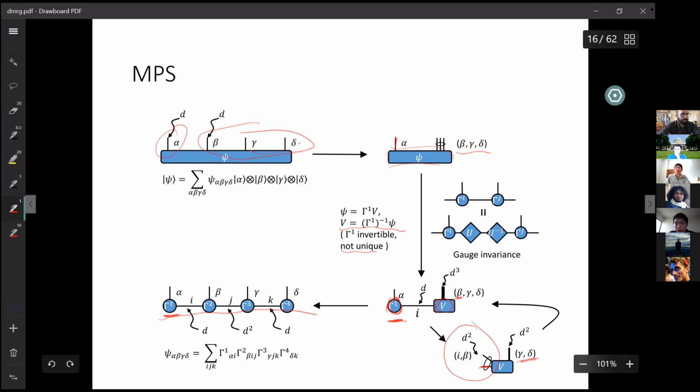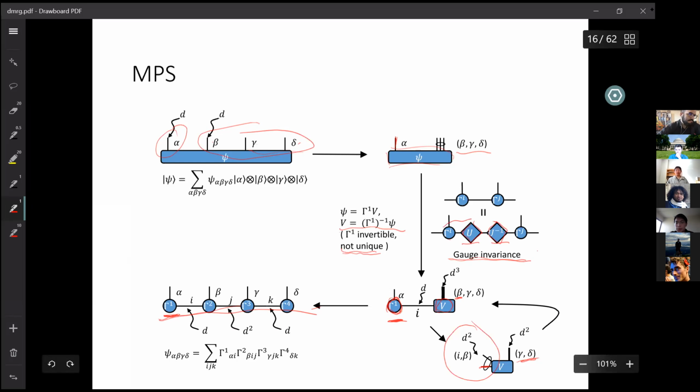I also want to mention that the non-uniqueness of this choice of gamma 1 matrix is actually related to the gauge invariance of the matrix product state. So this form is called the matrix product state. The matrix product state has this gauge invariance because we can always insert a pair of tensors in the middle, in any bond, that are inverse to one another.